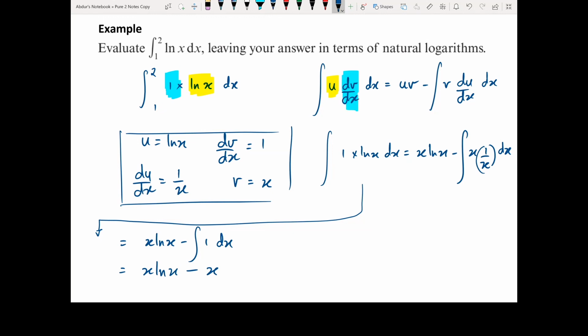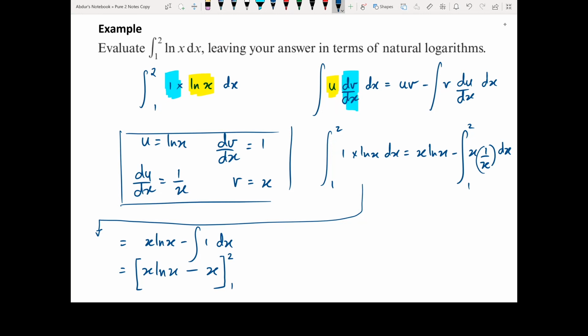Now this is a definite integral which has limits, so I'll put our limits here: 2 and 1. The limits apply everywhere. Once we've integrated everything and there are no integrals involved, we put everything inside a square bracket and apply the limits 2 and 1 to this whole function.